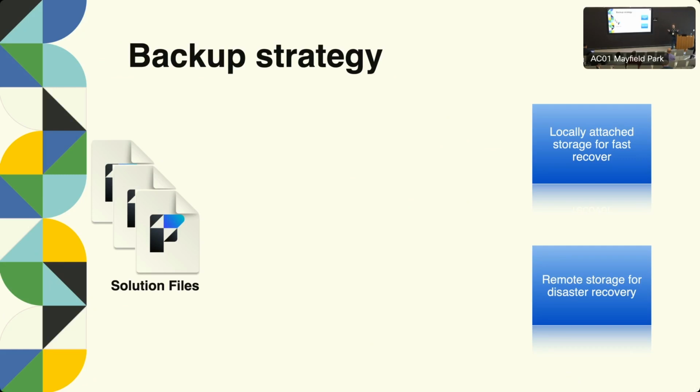Meaning that if some hacker goes in and wants to do a ransomware attack, they cannot overwrite your backup file. So they cannot encrypt it, because when you encrypt the file, you overwrite it, right?